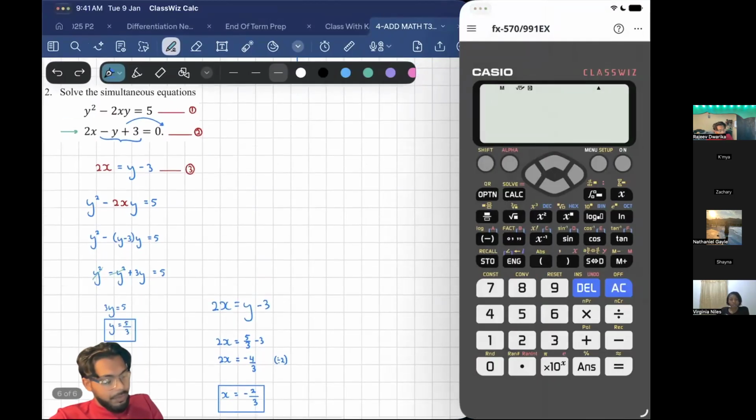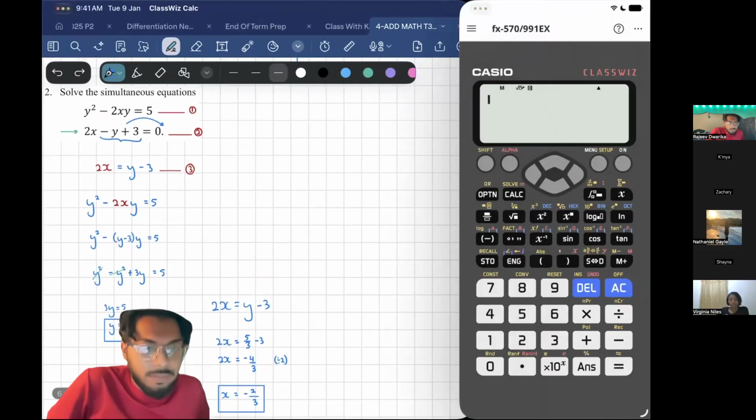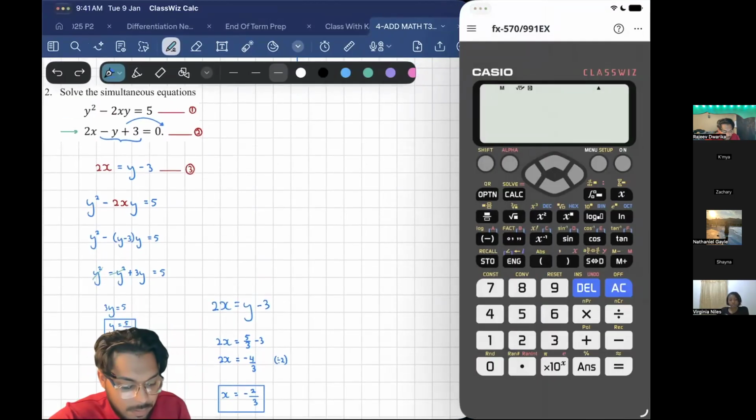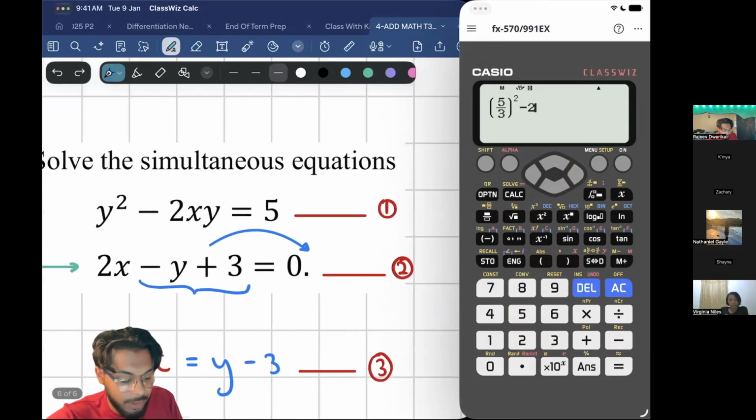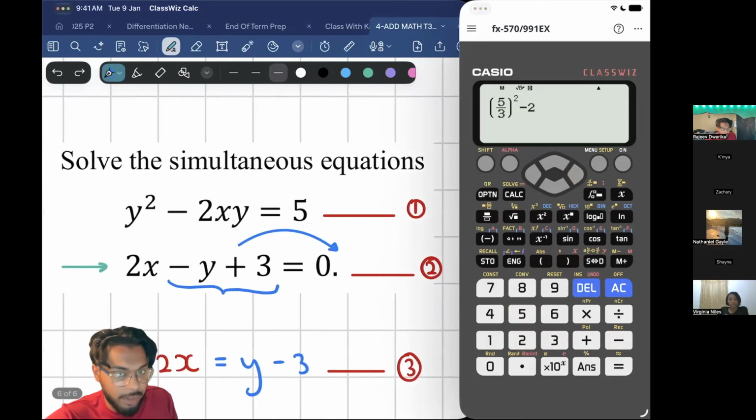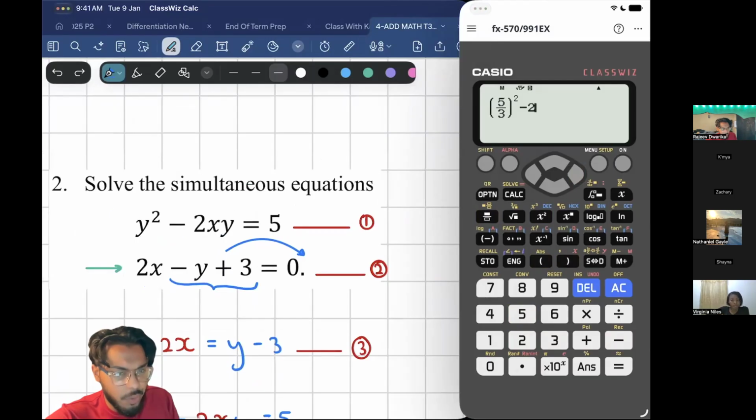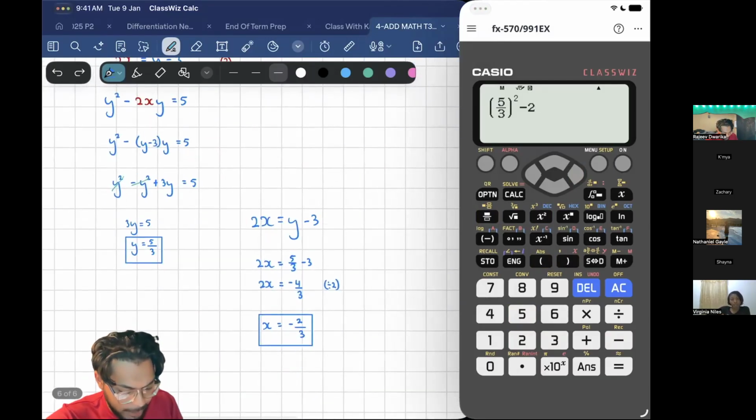So, what did we find y to be? 5/3. Right, y is 5 over 3. So I'm going to say 5 over 3 squared, and then minus 2. If you're confused, right now I'm plugging my answers into equation 1, right? So it's minus 2x by y, we found x to be minus 2 over 3.